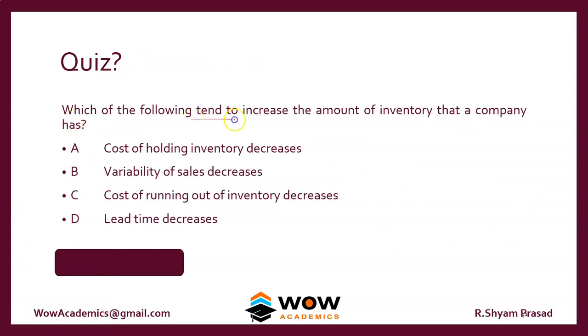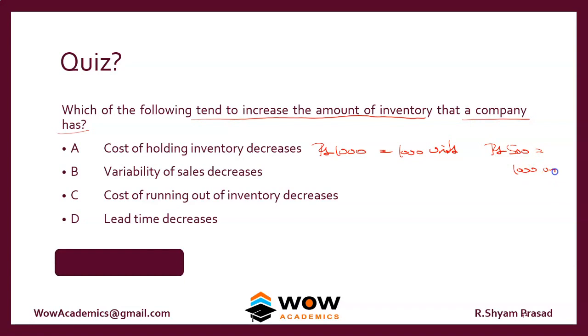Which of the following tend to increase the amount of inventory that a company has? The cost of holding inventory decreases. If the cost of holding decreases, will we increase the amount of inventory? Yes. Here's an example: earlier it took 1000 rupees to store 1000 units, but now it takes only 500 rupees to store 1000 units.